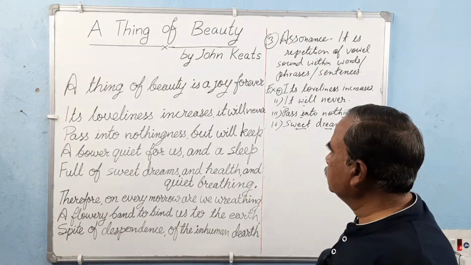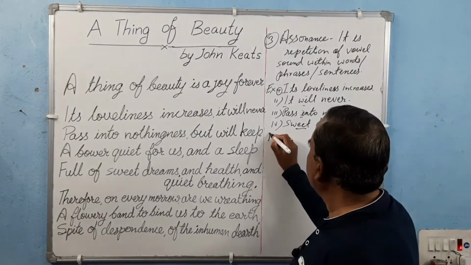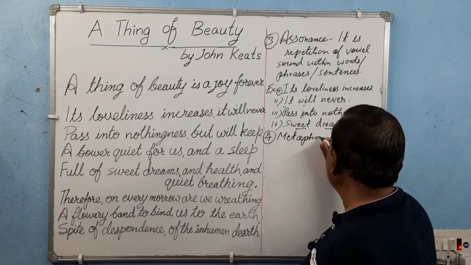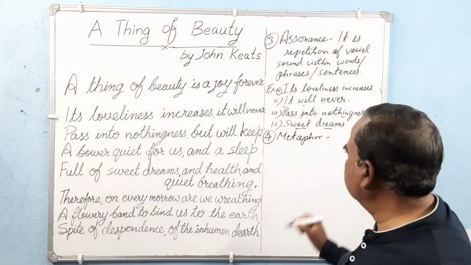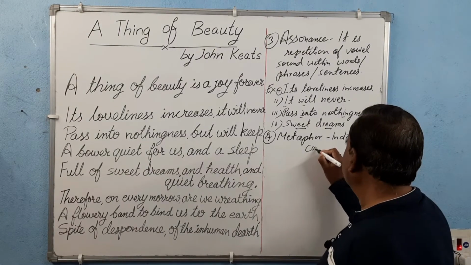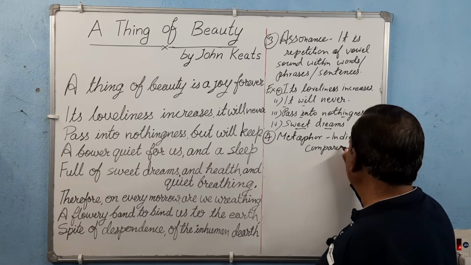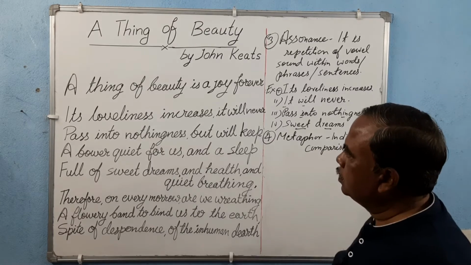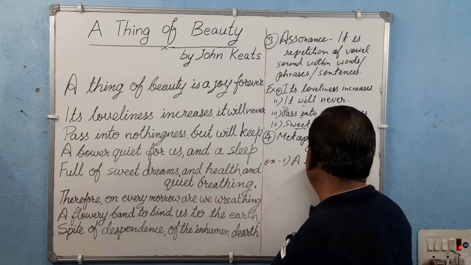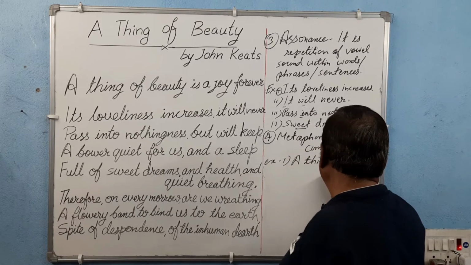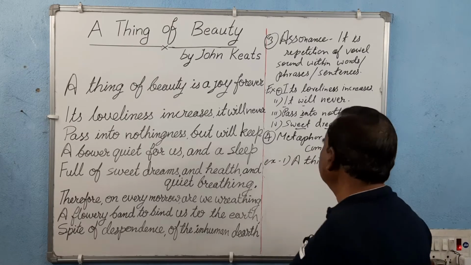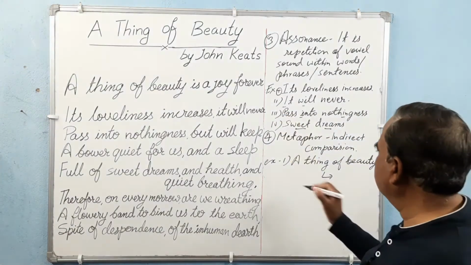Next poetic device is metaphor. Metaphor is indirect comparison. Here, a thing of beauty. Example, a thing of beauty. It is a metaphor for a joy.